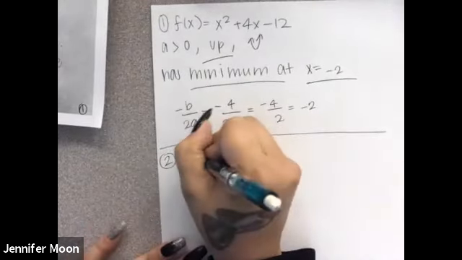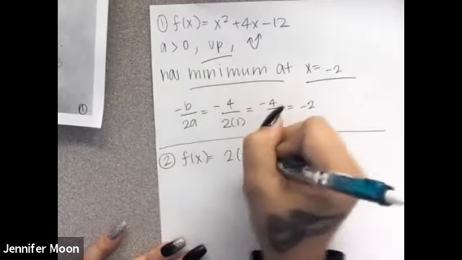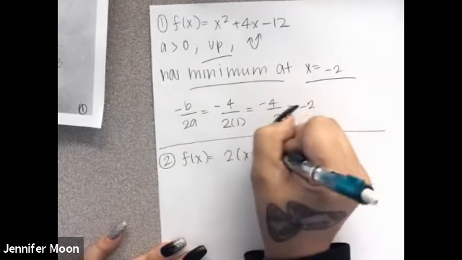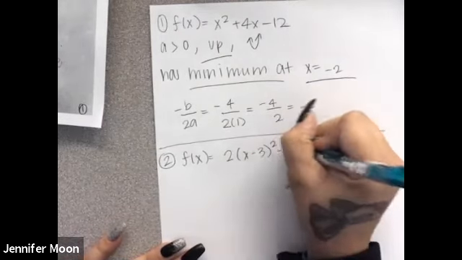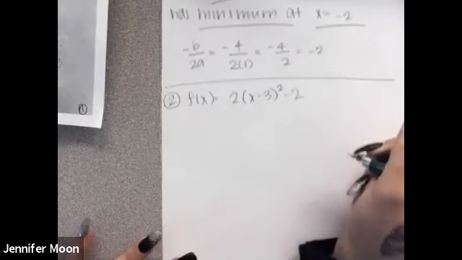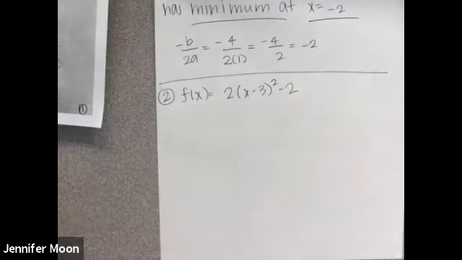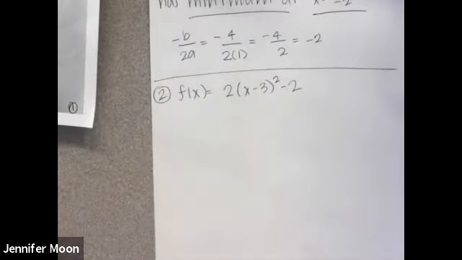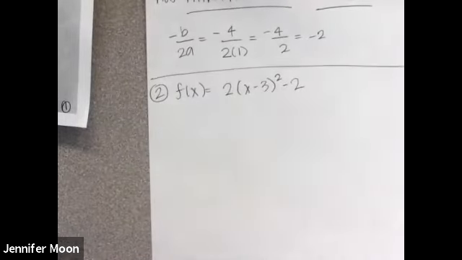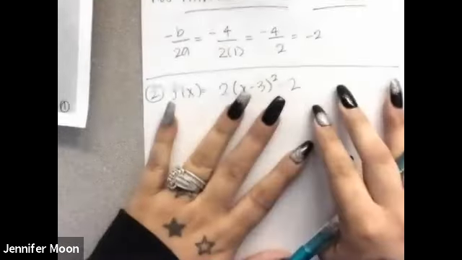Problem 2 is f of x equals 2 open, x minus 3 close, squared, and then a negative 2. This problem is wanting to know up, down, vertex, axis of symmetry, x and y intercepts, and graph.